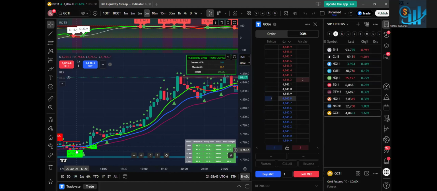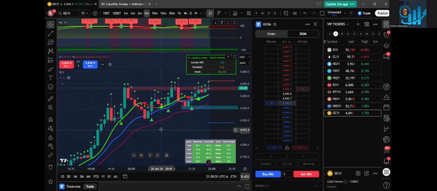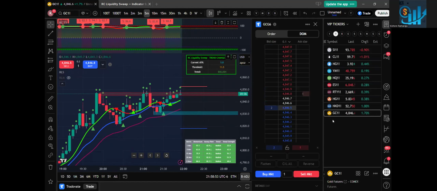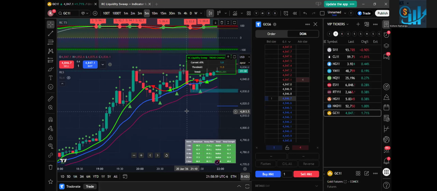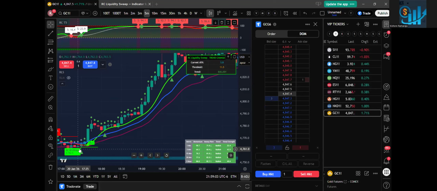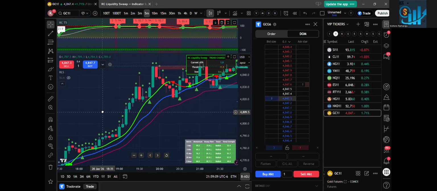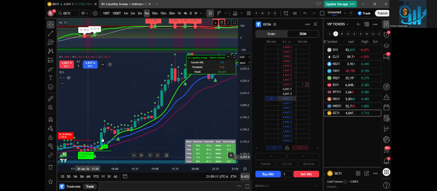Whenever you see the reversal, you wait until you see it, so you can keep booking profits. For example, we got a reversal here. Either you can enter and hold until you see the bearish reversal, or you can keep scalping.